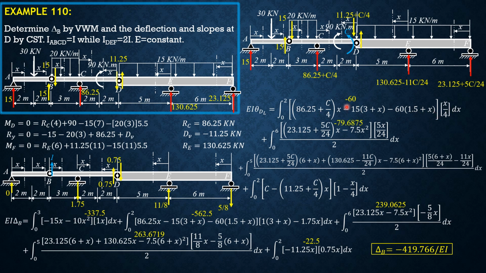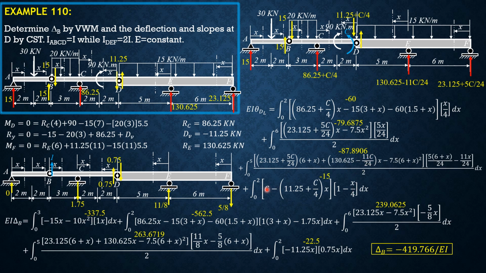So the value of this is negative 60. So this is set to 0. The value of the second integral is negative 79.6875. The value of this part, so this is ignored. So after simplification, you stop the video, then simplify that, verify if the value is negative 87.8906.